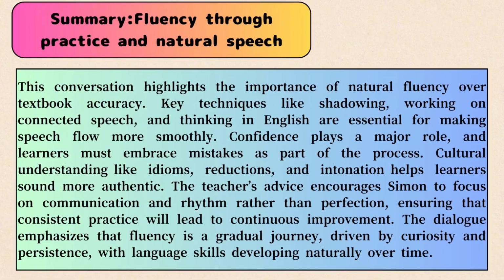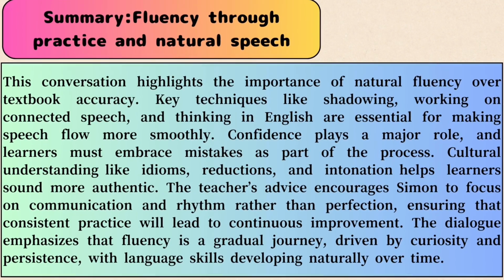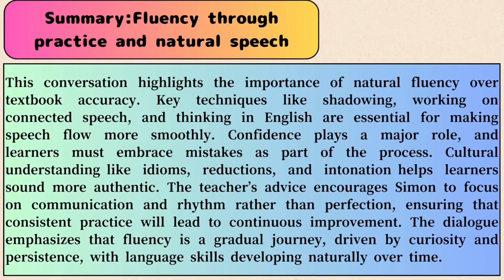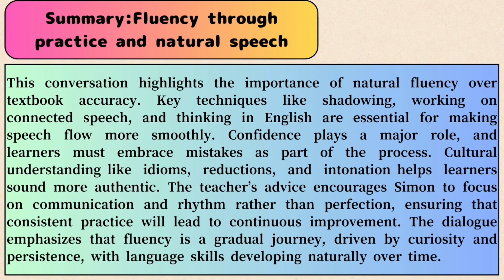This conversation highlights the importance of natural fluency over textbook accuracy. Key techniques like shadowing, working on connected speech, and thinking in English are essential for making speech flow more smoothly. Confidence plays a major role, and learners must embrace mistakes as part of the process. Cultural understanding like idioms, reductions, and intonation helps learners sound more authentic.